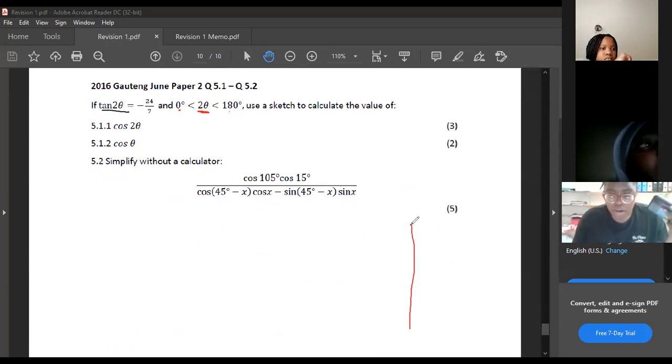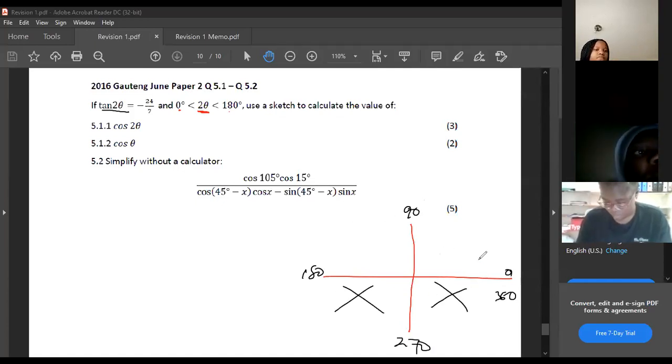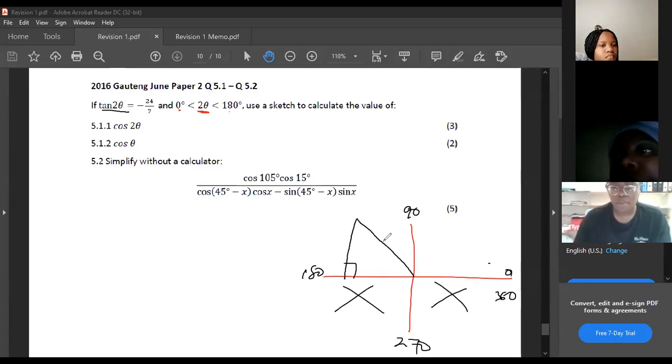So if I draw it like this, between 0 and 180, this is 90, 180, 0, 360, and 270. Between 0 and 180 is between quadrants 1 and 2. But where tan is negative, that means it's the second.